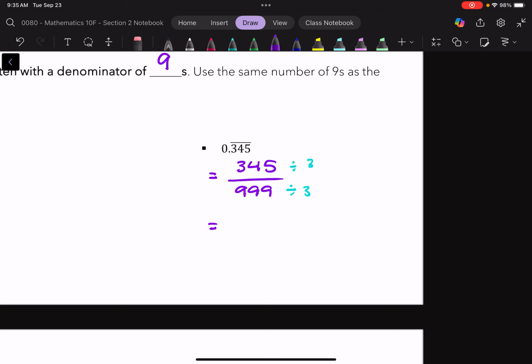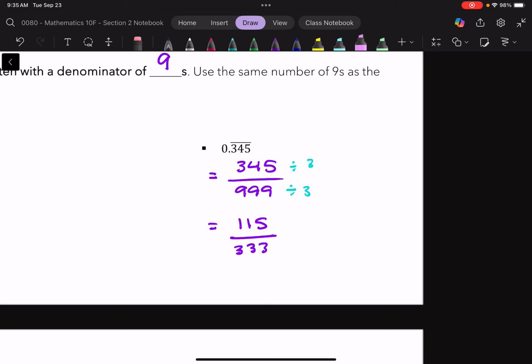So when I go 345 divided by 3, I get 115 as that final answer. Again, I'm welcome to do short division on the side. I can do whatever I need to feel successful. 999 divided by 3 will be 333. Again, welcome to use mental math, or welcome to do short or long division on the side.